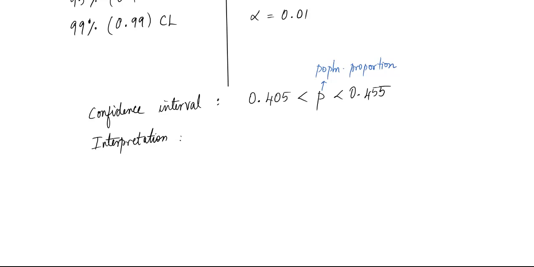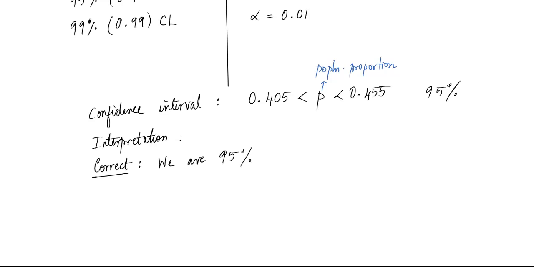You can interpret this in many ways, so I will point to the correct way. Say this was for a 95% confidence level.